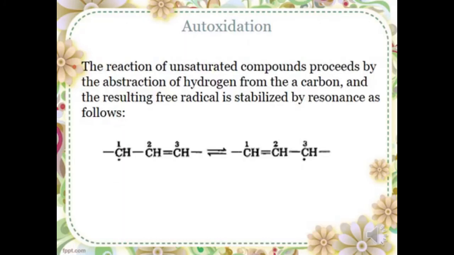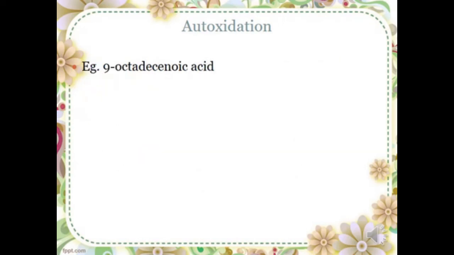Now the formation of free radical is stabilized by resonance. For example here, the abstraction of hydrogen to form a free radical can be from carbon 1 or carbon 3. This is one example, 9-octadecenoic acid.